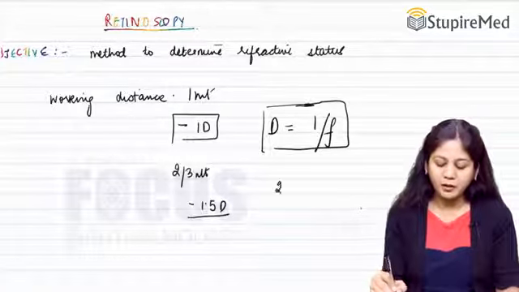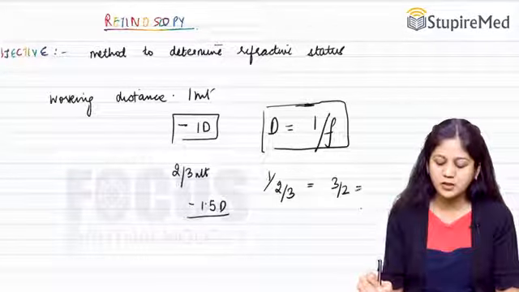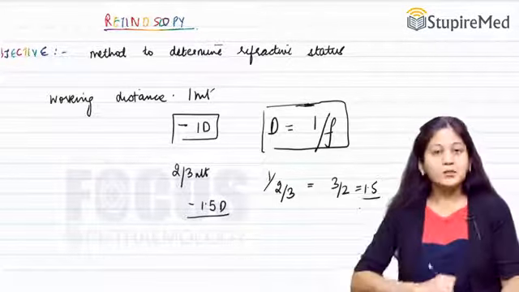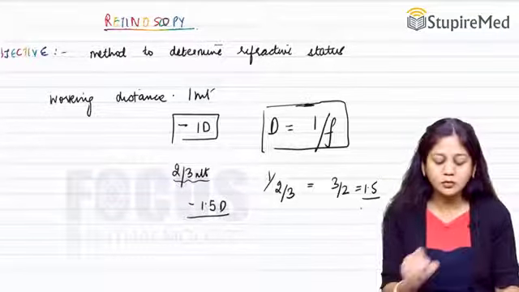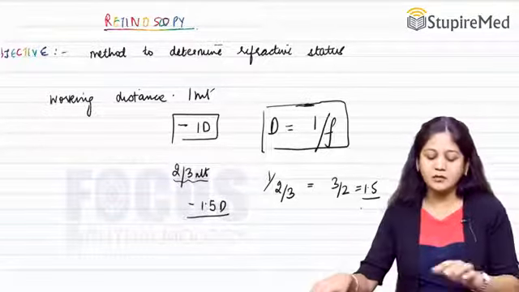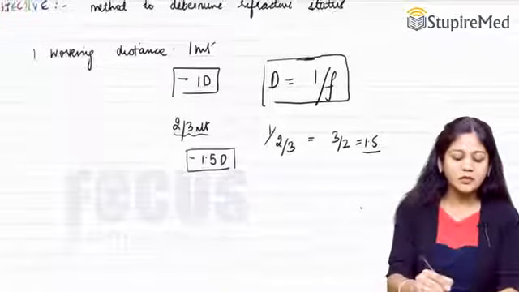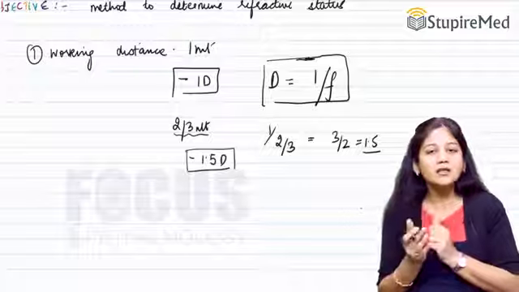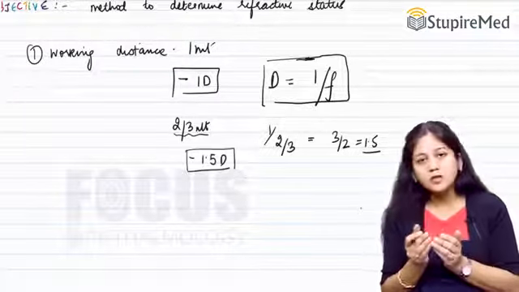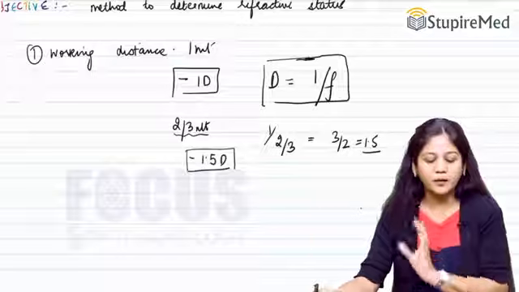Because the reciprocal of 2/3 is 3/2, which means 1.5. So this is the first thing we have to keep in mind, that we are using a working distance of 1 meter or 2/3 meter, and then we have to make a correction to the retinoscopic finding.